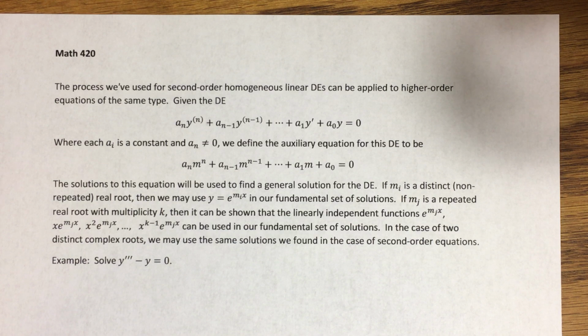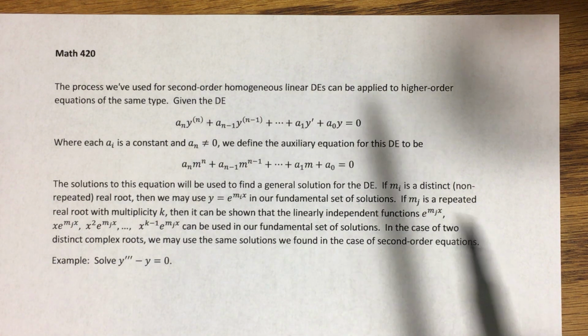And then we showed that making that assumption in the case of a second order equation of the same type was fruitful. It gave us the general solution that we wanted. That assumption will continue working for higher order equations. And all we really need to do is see what happens in those 3 cases in the event of a higher order DE.